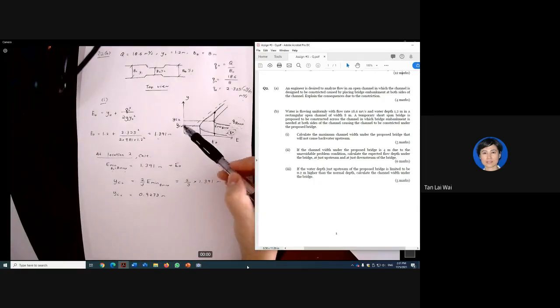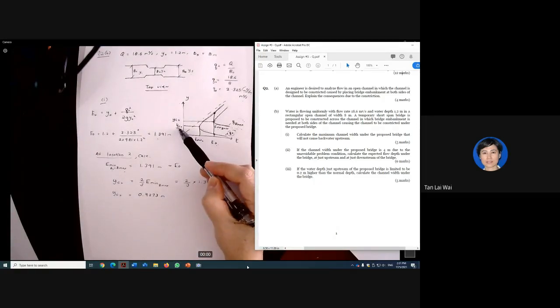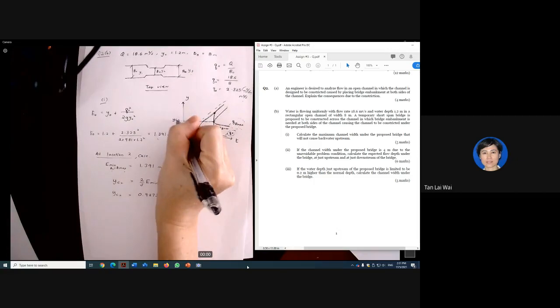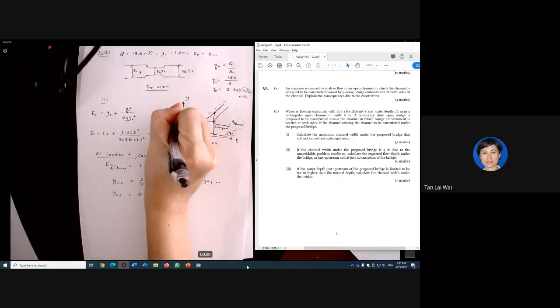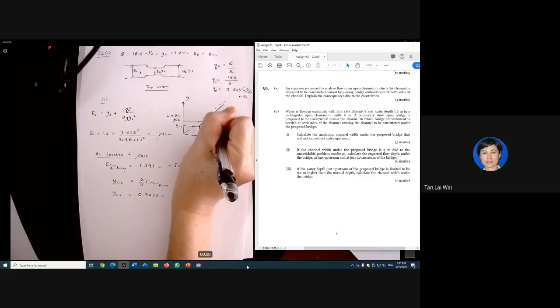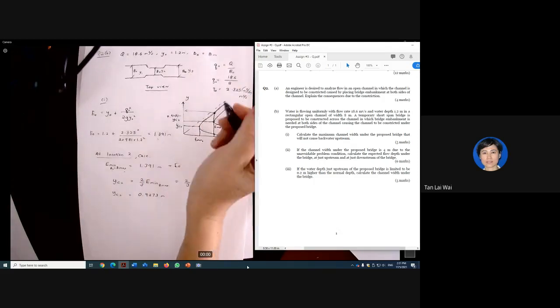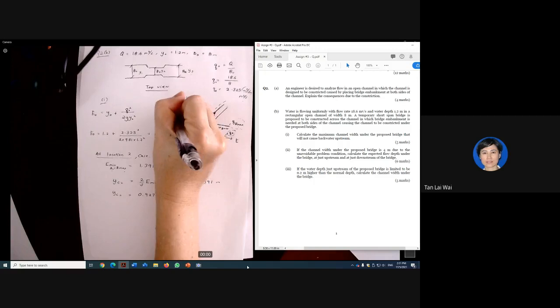Now, once you have YC2, look at this. Just now, YC naught, we didn't get YC naught 2, it's fine then. We get YC2, which is 0.9273. Actually, I want to plot this out. Earlier, our Y naught is 1.2 meter.